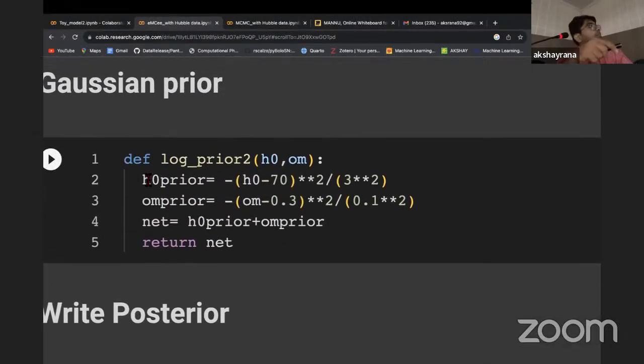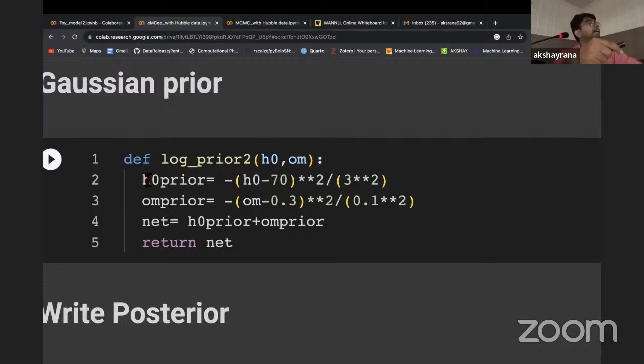Second is going to be the Gaussian prior. In the Gaussian prior, I'm not making a restriction, but I'm making one point very prominent. I'm saying 70 plus minus 3 is very prominent, but here the H naught value can go from minus infinity to plus infinity, because a Gaussian spans the whole line. There is a finite possibility that one value might come out very, very large, like minus 200 as well.